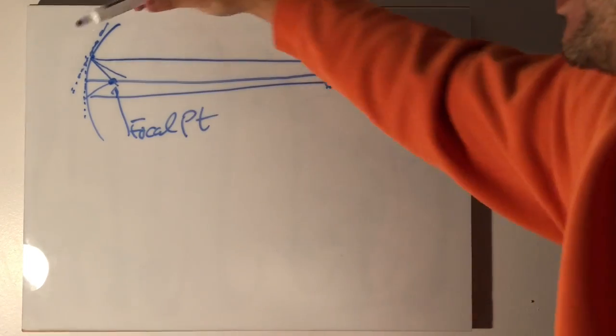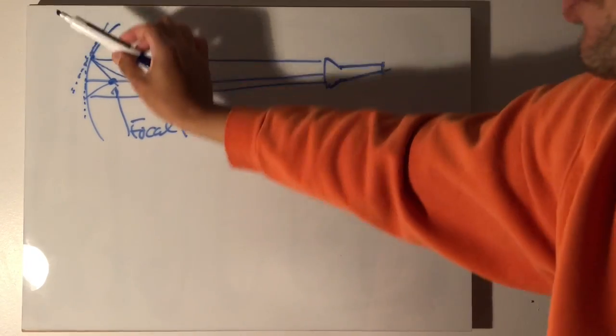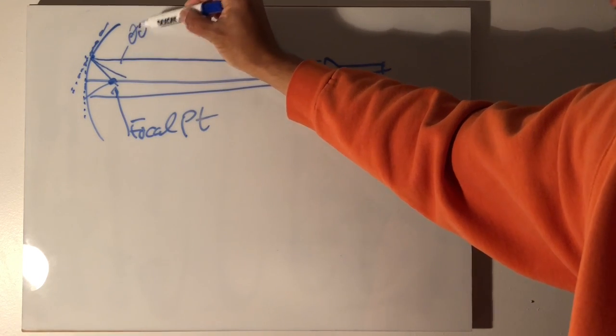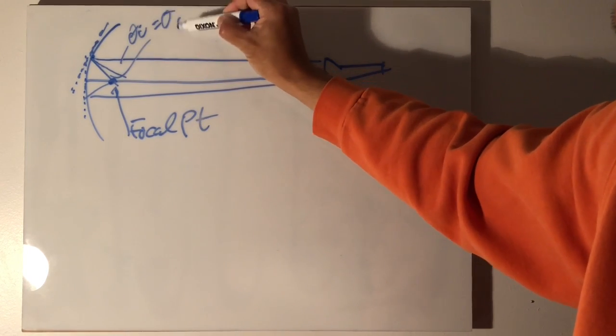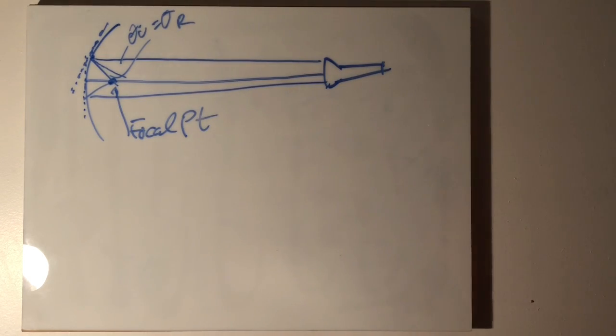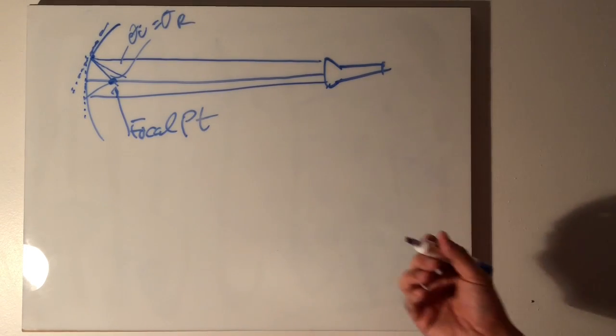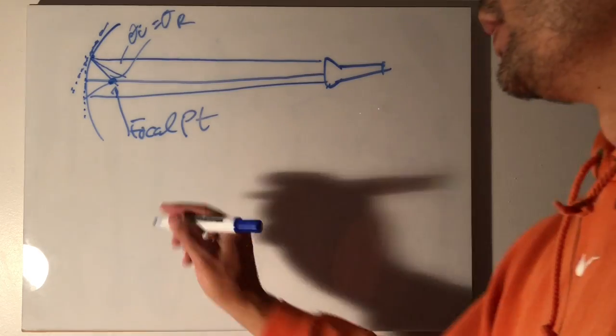The key here is that I draw a tangent, draw the normal to the tangent, and then I measure my angle of incidence and angle of reflection. Draw those two and measure it out, and it should reflect always to the center. And this is how we can create real and virtual images.